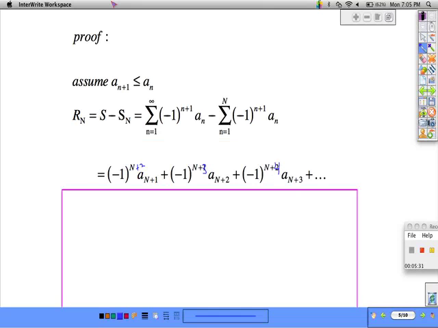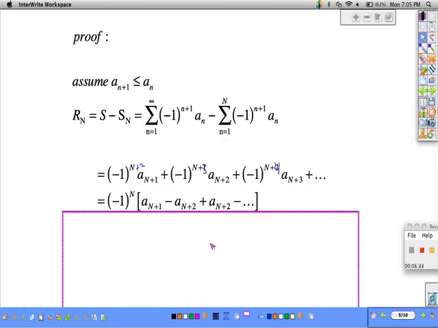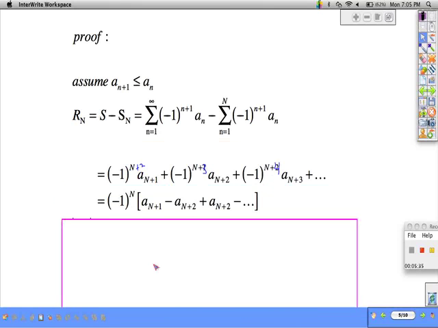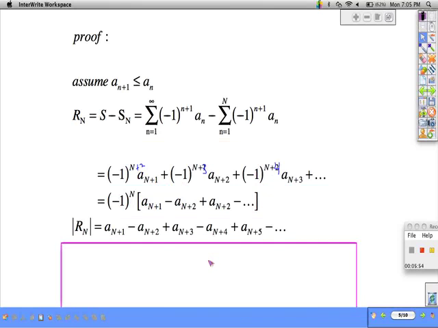But either way, we can factor out negative 1 to the n, and we'll get a nice alternating series. If I factor out negative 1 to the n, I have negative 1 squared, which is positive, then negative 1 cubed, which is negative, negative 1 to the fourth positive, and so on. So this is our remainder.